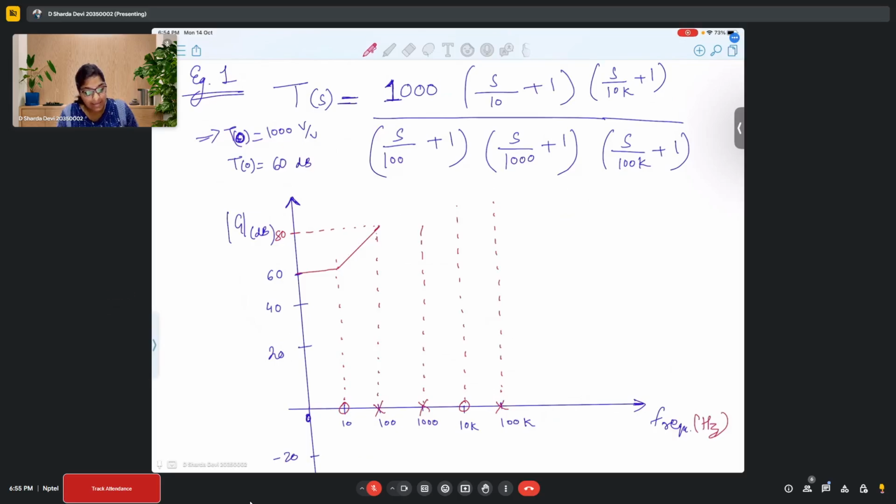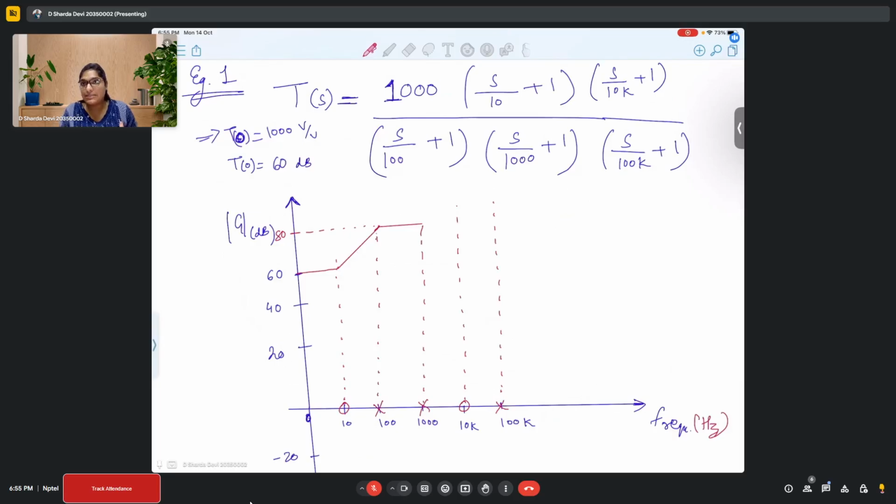No doubts, right? Okay, now at 100, it observes a pole. So how will the graph look from 100 to 1000? Flat. Why flat? Because earlier it was plus 20. Now because of the pole, it will become minus 20.